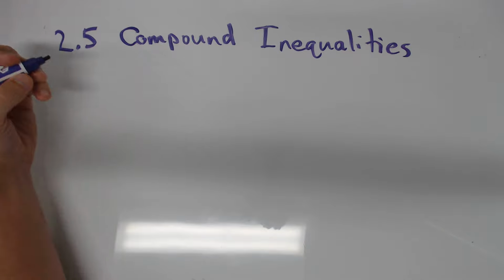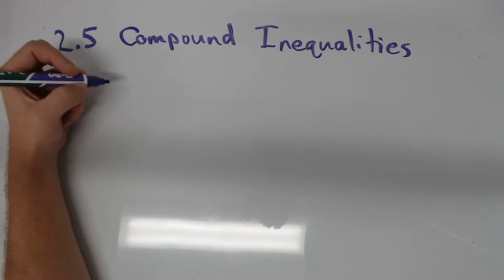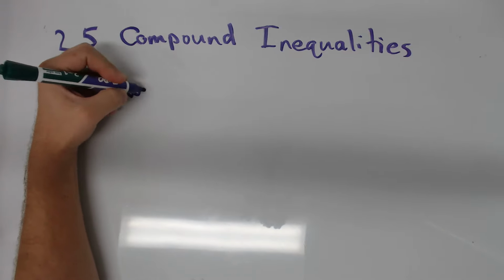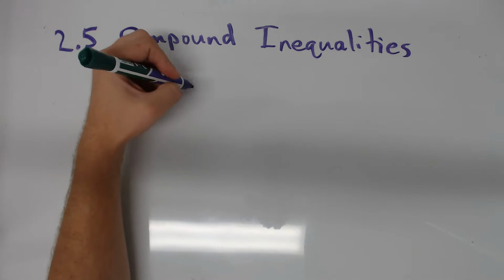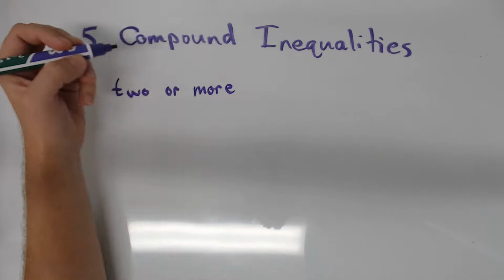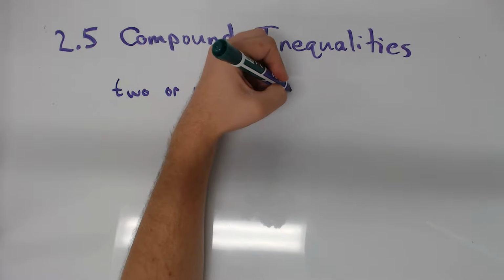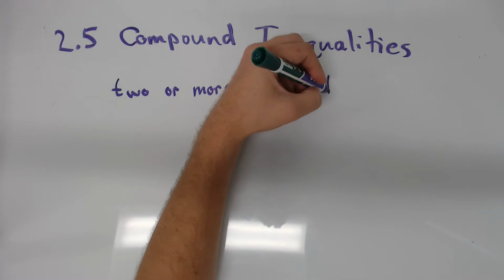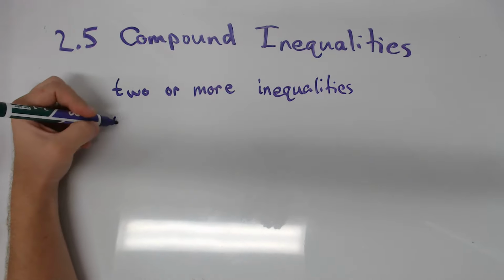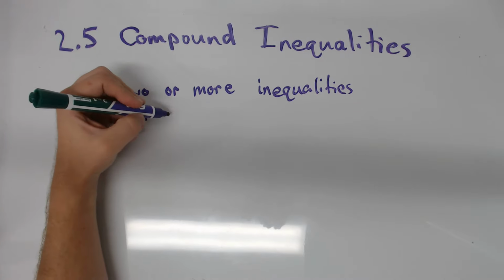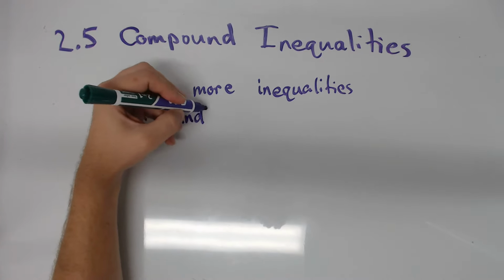So compound inequalities are inequalities formed by joining two or more, oftentimes just two, inequalities with the word and or or.